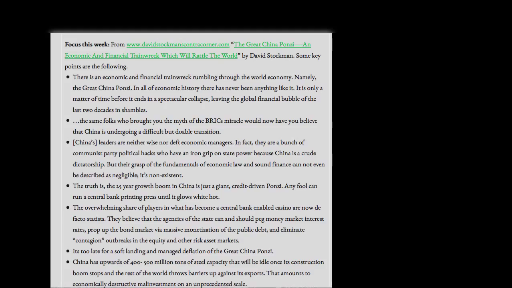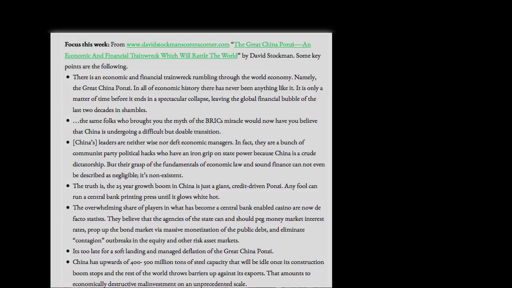There is an economic and financial train wreck rumbling through the world economy, namely the Great China Ponzi. In all of economic history, there has never been anything like it. It is only a matter of time before it ends in a spectacular collapse, leaving the global financial bubble of the last 2 decades in shambles.